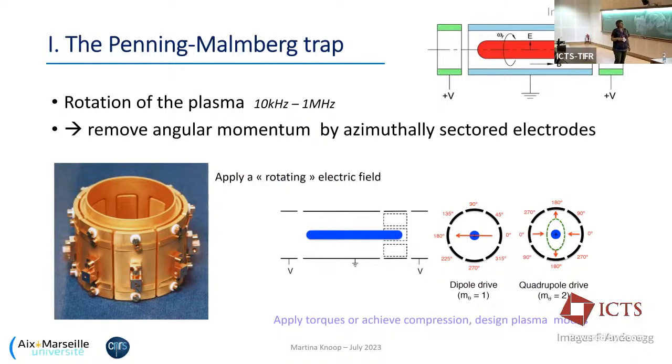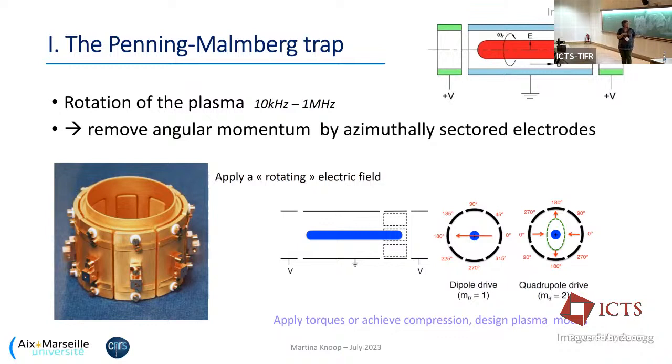What is done in these experiments, in particular those I will present, which are those of the San Diego group, or maybe those of John Bollinger at NIST and his group, and some of the antimatter experiments, is that people segment this ring into different segments, eight or more.